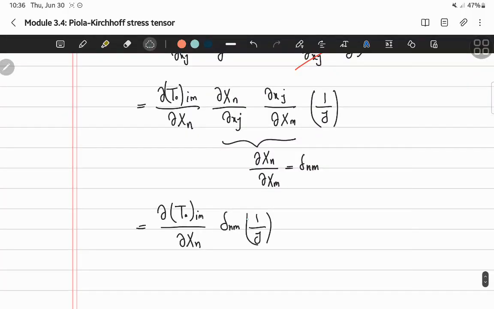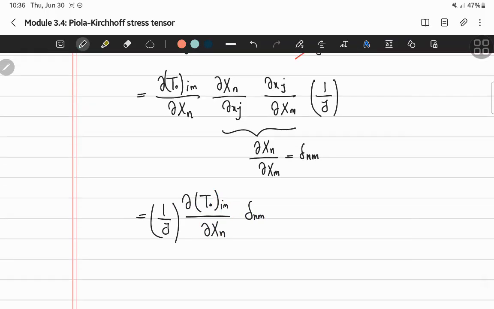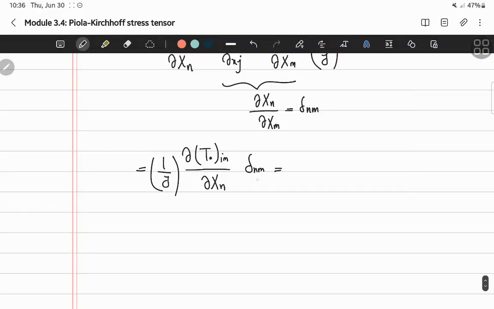Or maybe it's a good idea just to shift everything. So if I shift just a bit, 1 divided by j in here. For this to be not equal to 0, n should be equal to m, 1 divided by j, partial derivative of T0 im with respect to Xm.